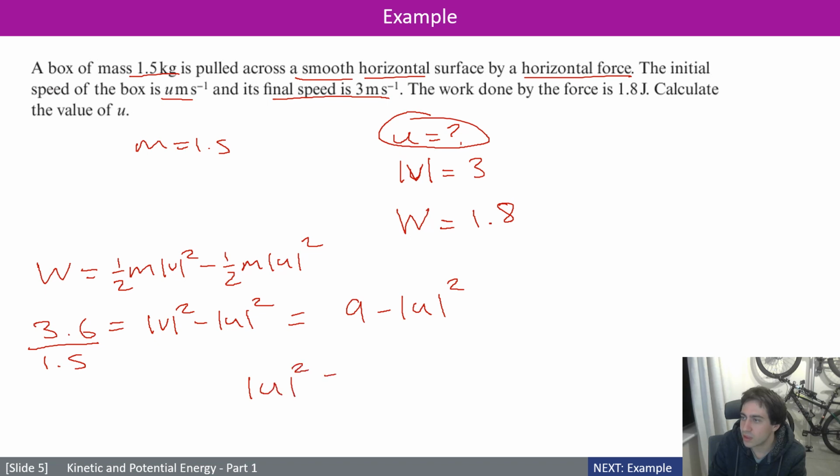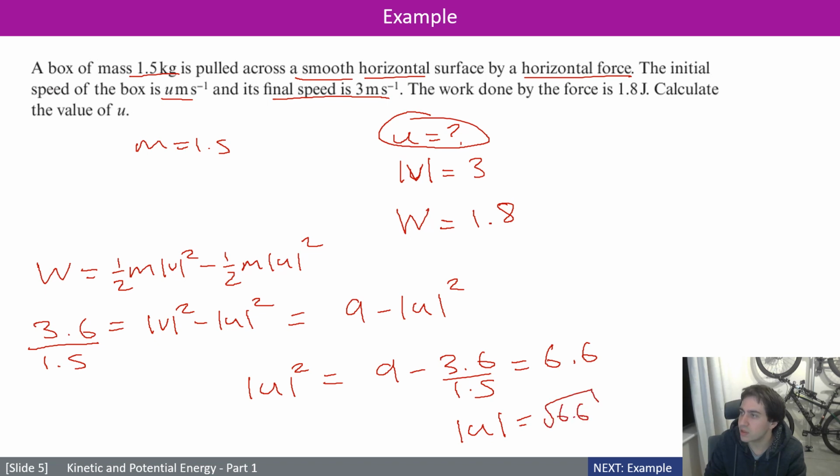Therefore mod of u squared is equal to 9 minus 3.6 over 1.5. And that, I've just checked, turns out to be 6.6. So we get that the mod of u equals the square root of 6.6. And that's it.